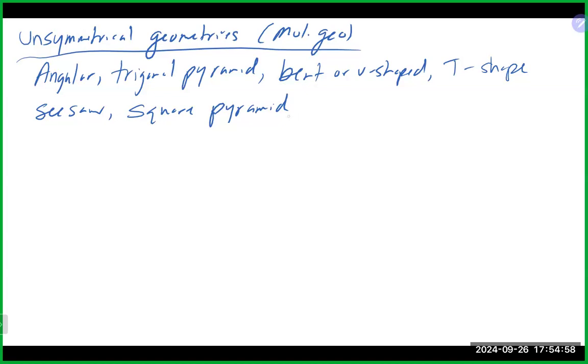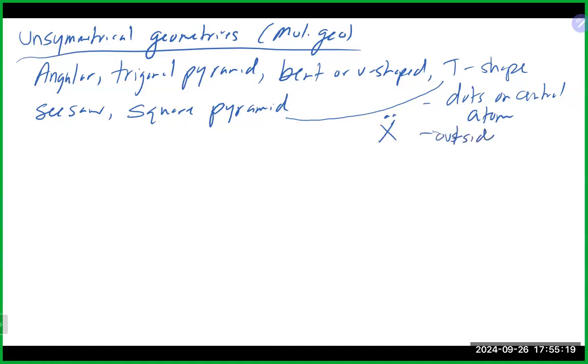So these are the guys where if you draw the Lewis structure, you will have dots on the central atom. And when you look at the outside atoms, if they are the same element, you will most likely have a polar molecule because you're going to have an unsymmetrical geometry happening.